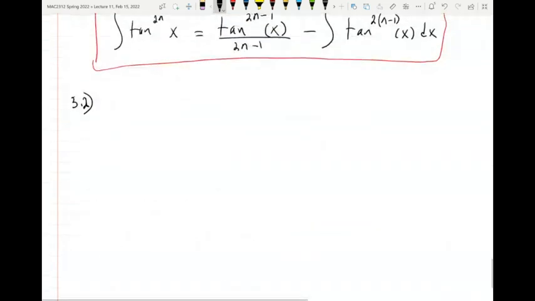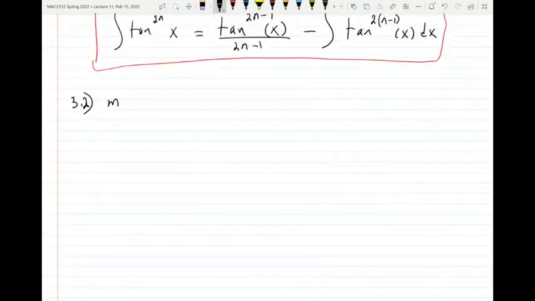Now, case 3.2 would be the power of tangent is still even, but m is odd. So we have a secant with an odd power. Again, if secant is an even power, we know what to do. That's a previous case.